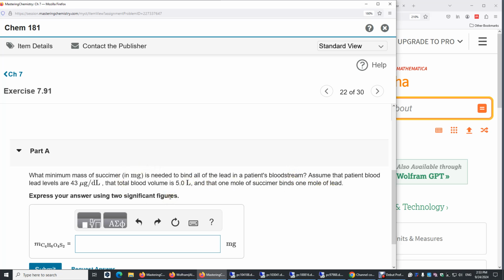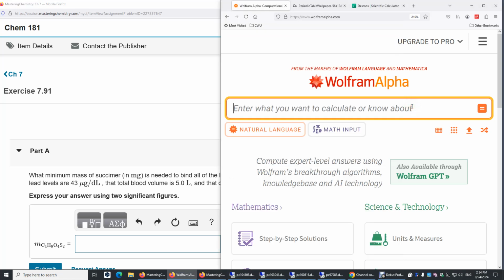How do we tackle this problem? We'll set up an equation. We'll make sure the number of moles of Succimer equals the number of moles of lead. Alright, so let's do this. Number of moles of this is the idea.